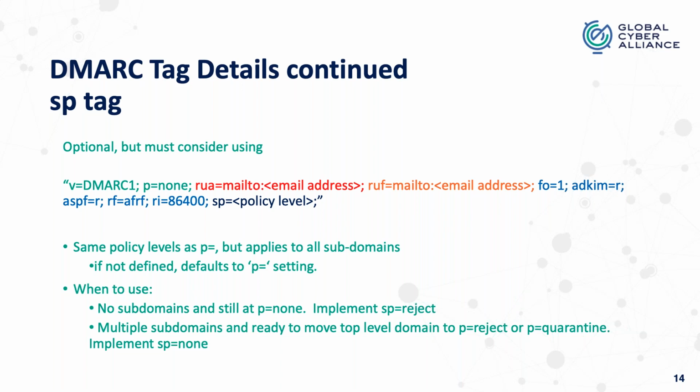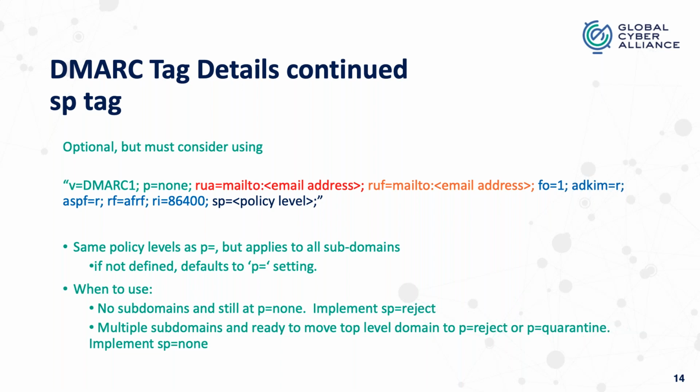Because otherwise the subdomains that have their own DMARC policy are protected, but any other variation or other subdomain that's not actually used for email can still be used by leaving it as SP equals none, right? So once all those subdomains are ready and they put in what their policy is, the subdomain policy overrides the top level domain, okay?